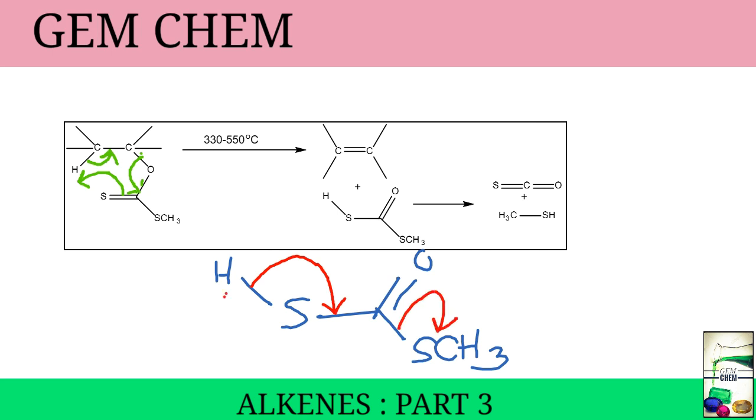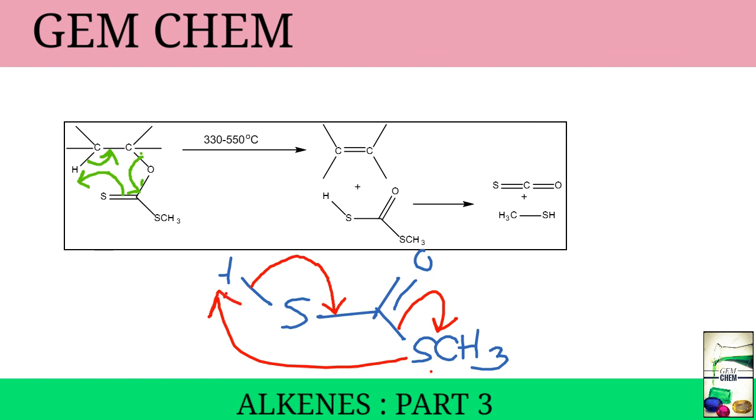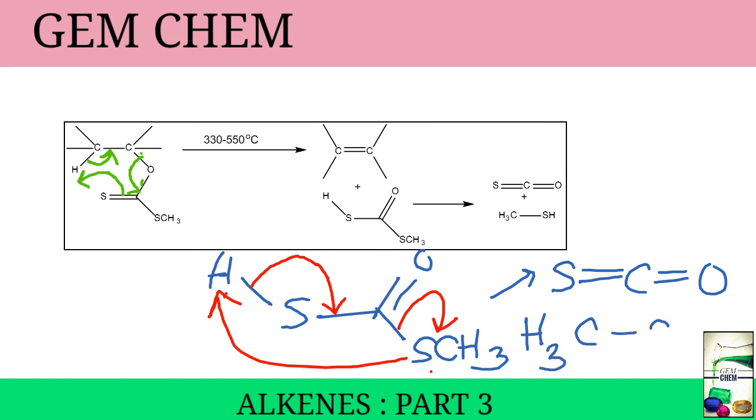This hydrogen is bonded to this one, this is the arrow portion, so we finally get this one. That is, we get S double bond C double bond O and CH3SH. These are the two byproducts. So there is formation of a total of 3 products. So it is more entropically favorable.